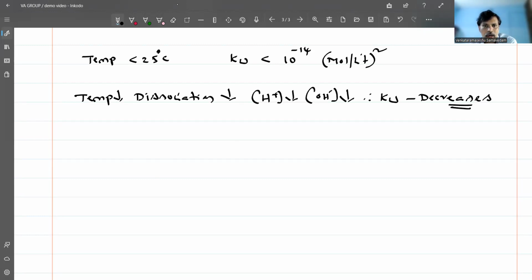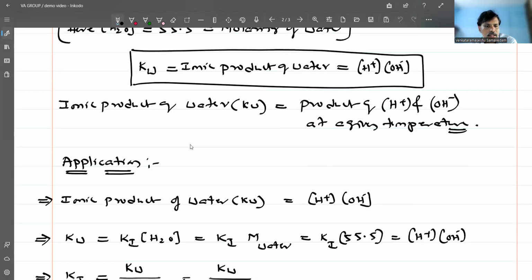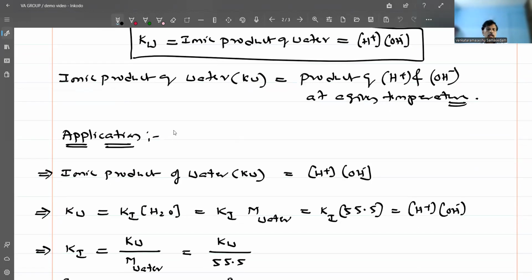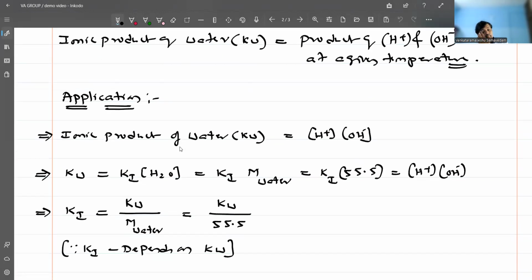So what I said up to now, the applications: first you have to know about the ionic product of water. The ionic product of water is nothing but H plus ions into OH minus ions concentration. Kw is nothing but the dissociation constant into the molarity of water, that is 55.5, already we discussed.